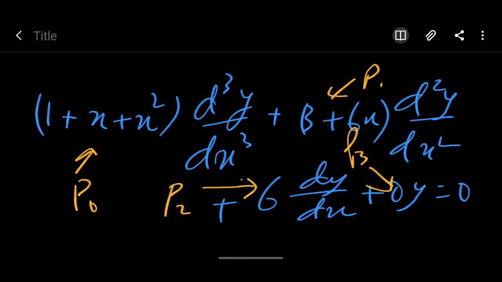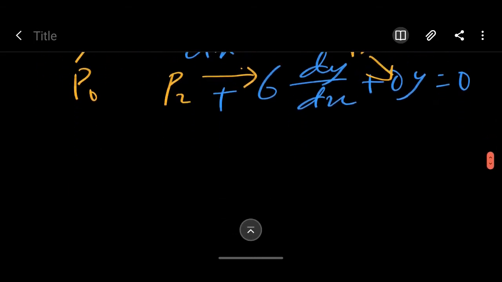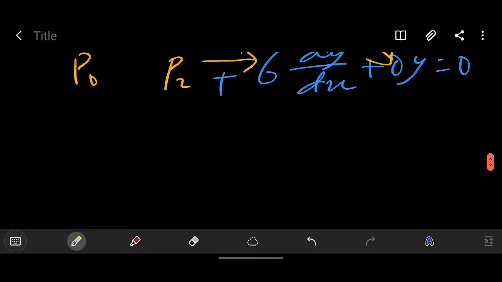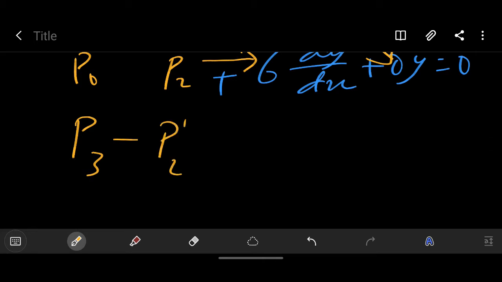So to solve this, what we need to do is we take the last one, which is P3, first. P3 minus P2 first derivative plus P1 second derivative minus P0 third derivative.